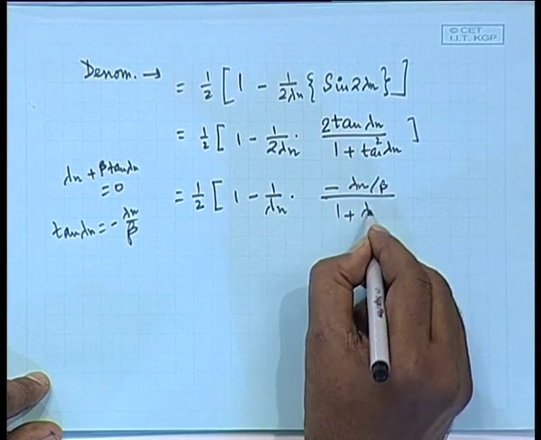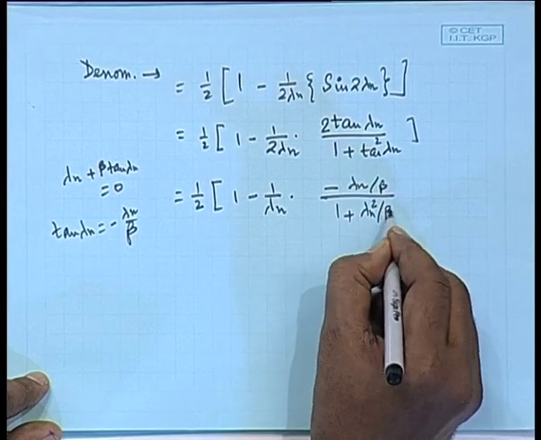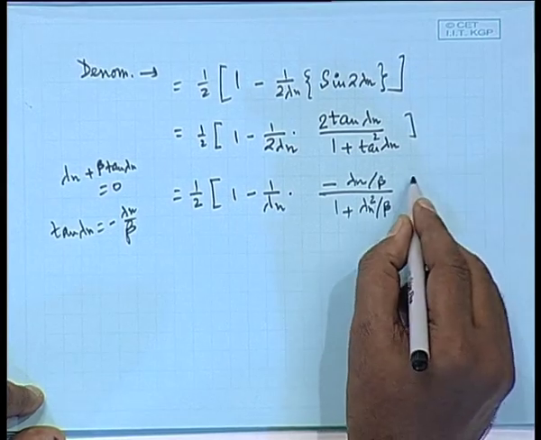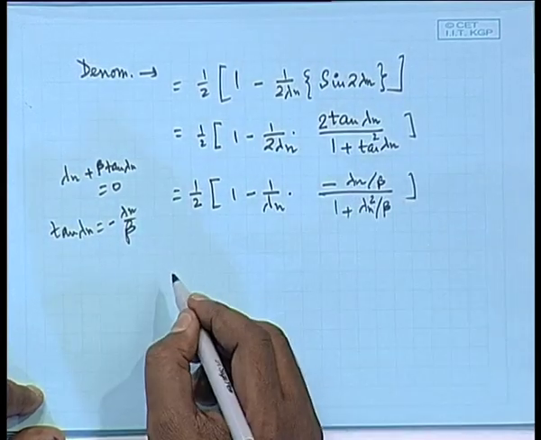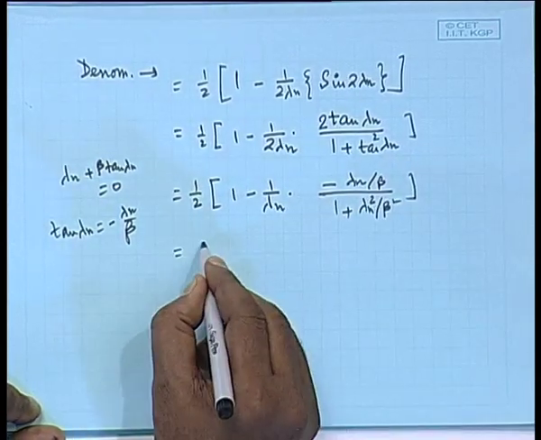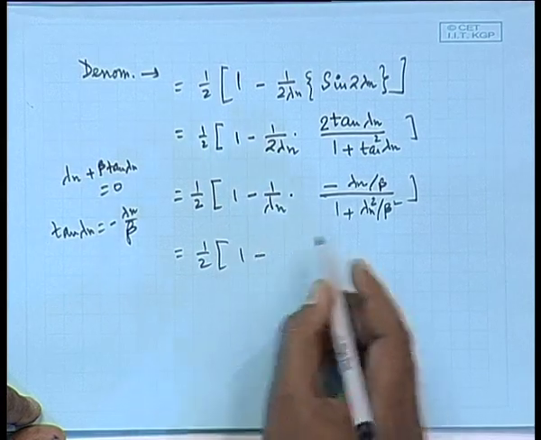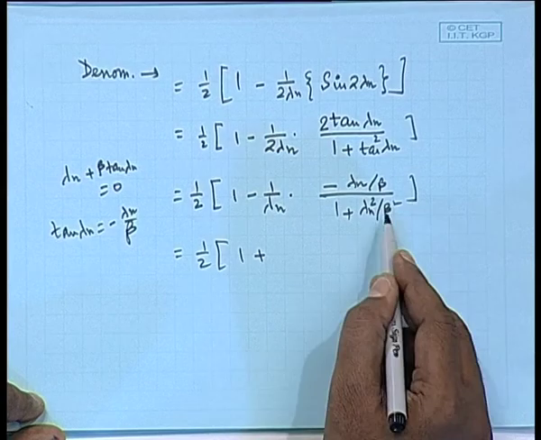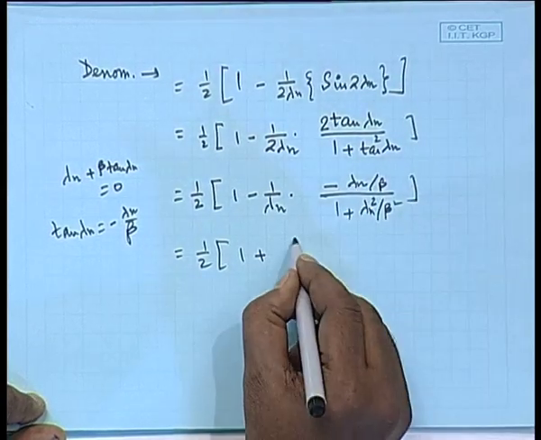One plus lambda n square by beta. Okay. So it becomes 1 minus... plus this lambda n will be cancelled off. This beta square will go up. There will be a beta in the numerator only.